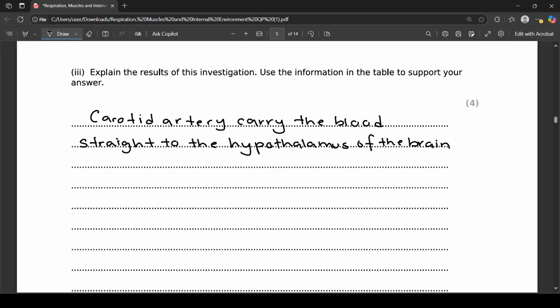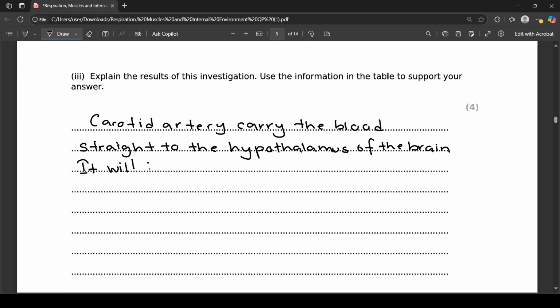Now, since there is a change in the blood and it goes straight to the hypothalamus, the hypothalamus will detect the lower solute potential of the blood.